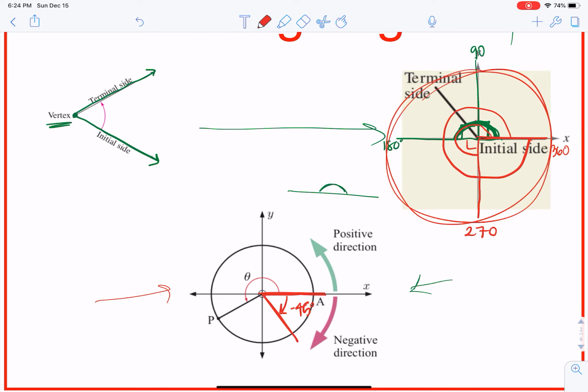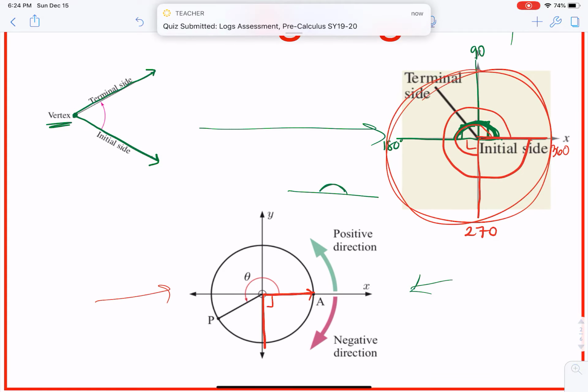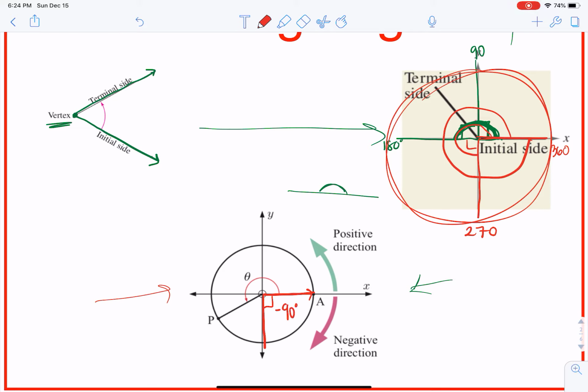Or, let's erase this, this is my initial side and this is my terminal side. This could be negative 90 degrees, which is the same thing as positive 270 degrees.